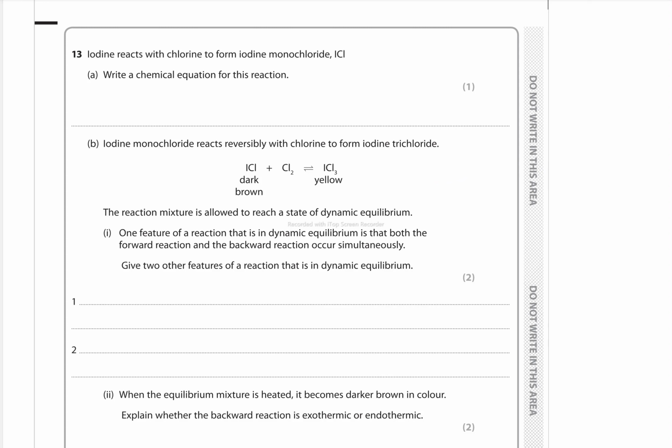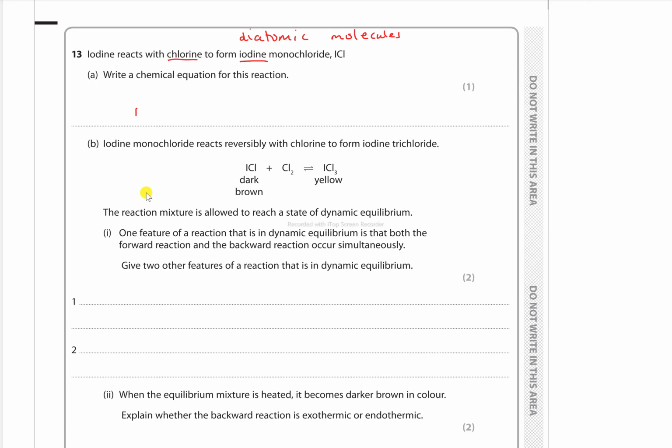Right, iodine reacts with chlorine to form iodine monochloride. Oh, okay. So straightforward. Remember we know chlorine and iodine are diatomic molecules. That means they run around in pairs.